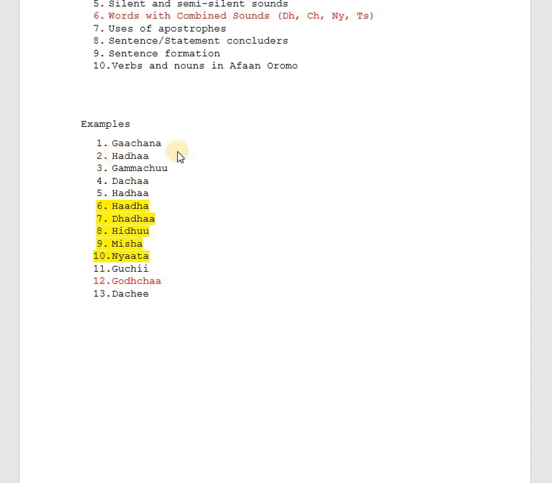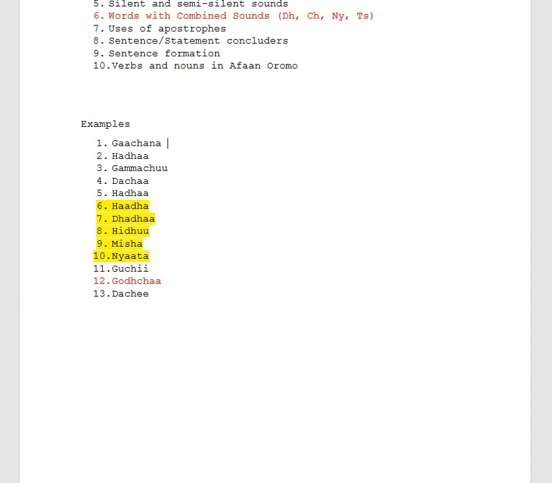Like the first one, gachana. The cha sound is strong, obviously, we can hear it. Gachana. But by rule, we don't double CH again. I mean, we don't write it like this. There is a rule that when it is written with a Qubee, compound letters or compound sounds, we don't repeat those. That is the rule we have to know.